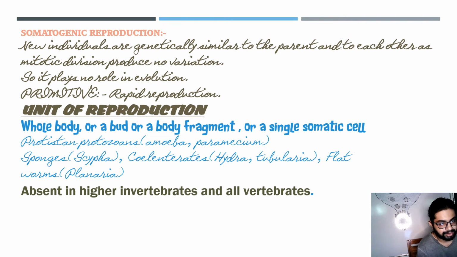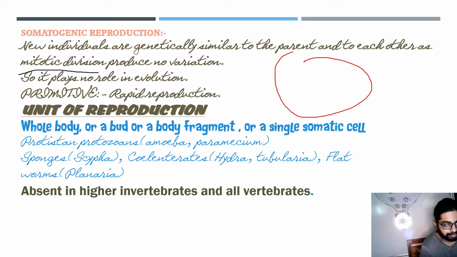Somatogenic reproduction, very similar. In somatogenic reproduction, new individuals are genetically similar to the parent and to each other, as mitotic division produces no variation. In asexual reproduction, mitotic division takes place, and in sexual reproduction, meiotic division takes place. So somatic reproduction means, soma means body.